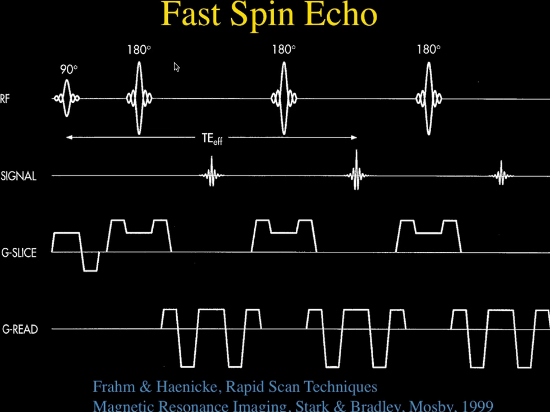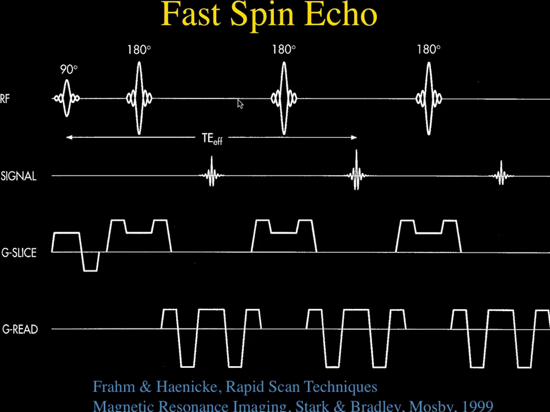Now, if we do fast spin echo imaging, what we're going to try to do is get an echo, say, at 15 milliseconds, then do a quick phase encoding, do another 180-degree pulse at like 17 milliseconds, get another echo at 19 milliseconds, throw in another phase encoding, put in another 180-degree pulse, get another echo at like 22 milliseconds, and end up getting up to 32 or even more echoes with a single TR. And therefore, you can speed up your acquisition.